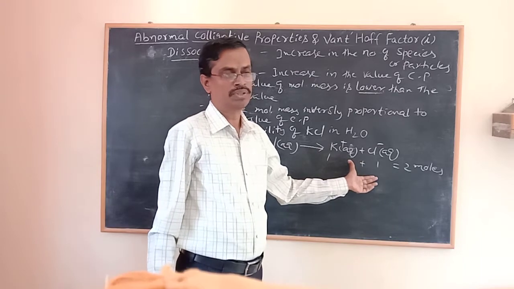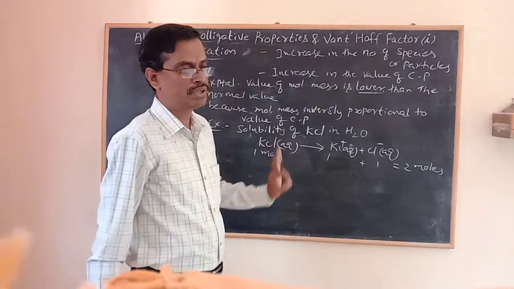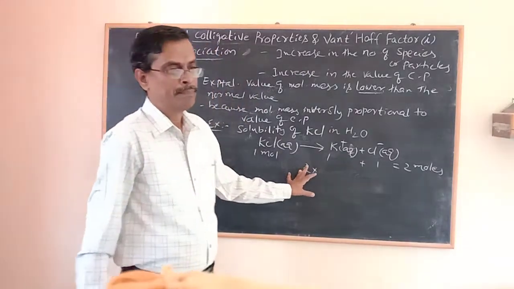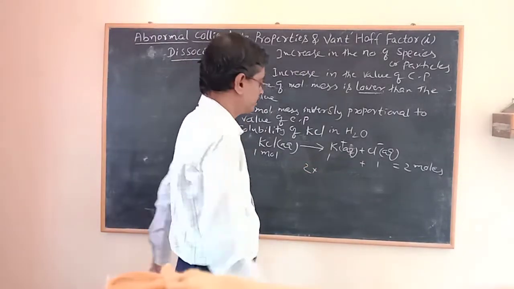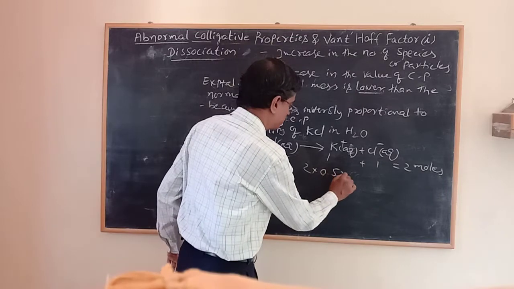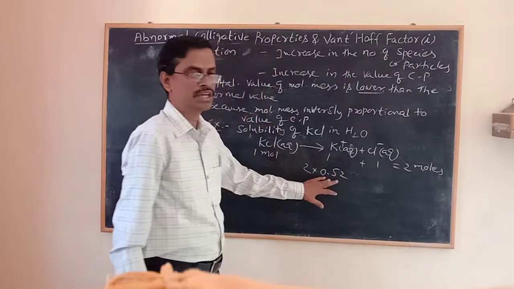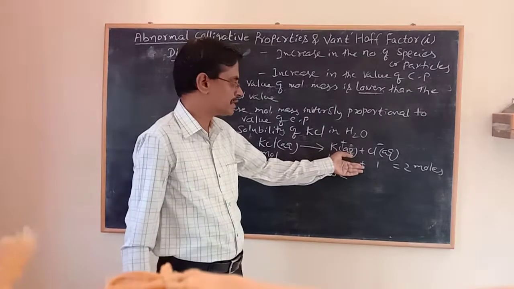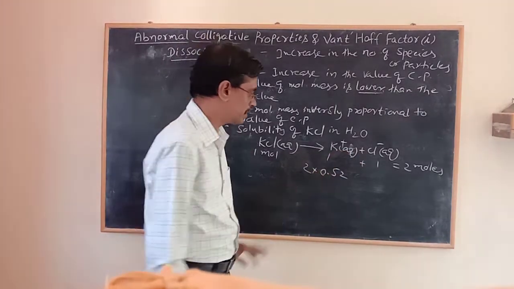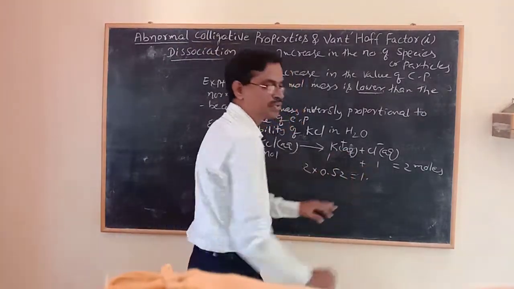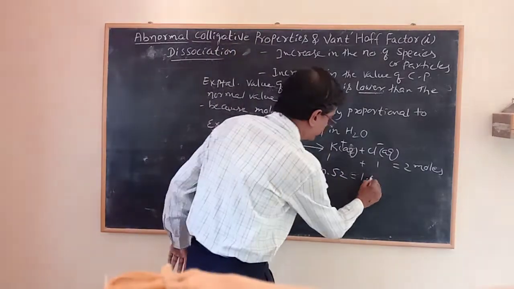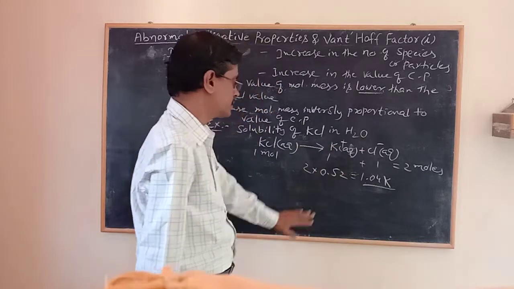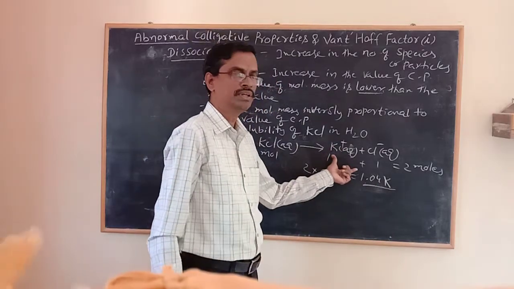Taking the boiling point, you have the value 0.52, a constant value Kb, the molal elevation constant, and 2 particles are formed here. So 2 into 0.52, we get 1.04 Kelvin. That means there is an increase in the value of this colligative property because of the increase in the number of species.